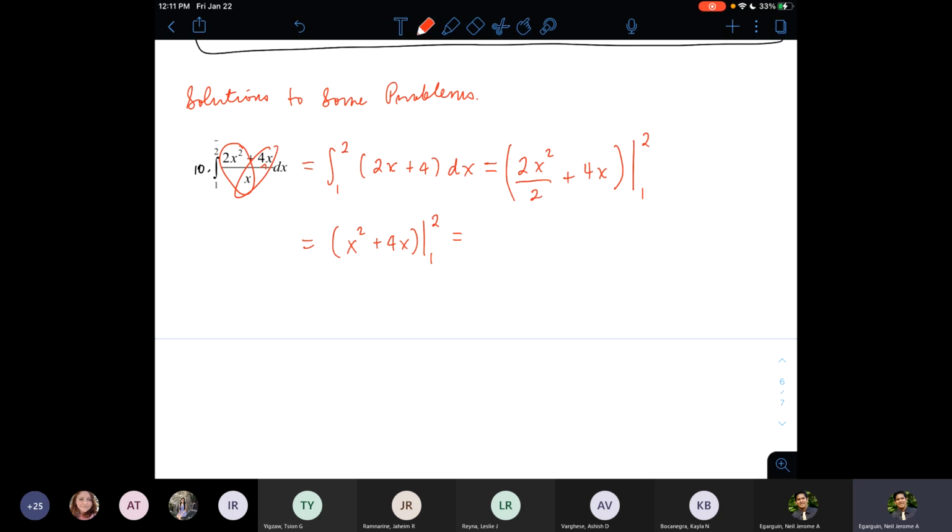And then the fundamental theorem of calculus will kick in. We plug in the upper bound minus plug in the lower bound. So I'll plug in the upper bound 2, so I'll have 2 squared plus 4 times 2, minus, I plug in the lower bound, so I'll have 1 squared plus 4. And then simplify this, I'll have 2 squared, that's 4, plus 8, so that's going to be 12 minus 5 equals 7.